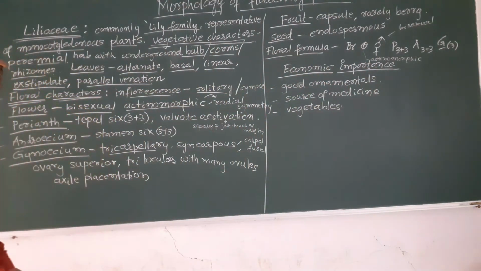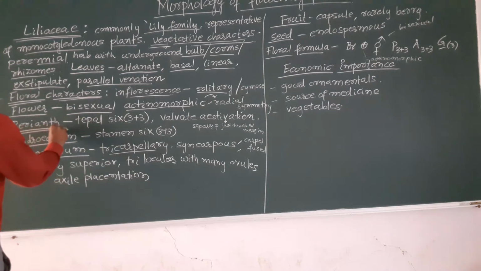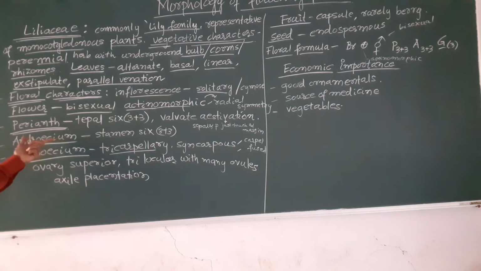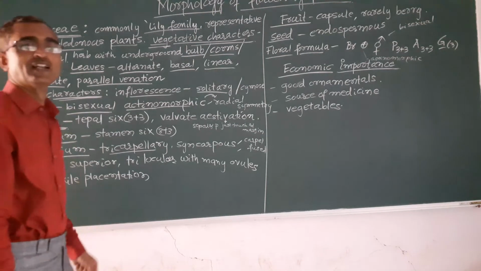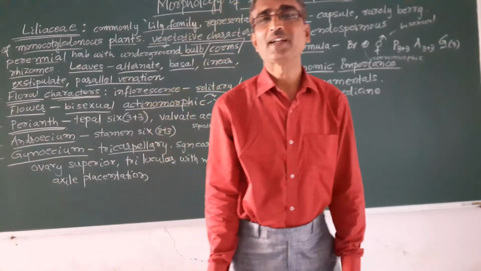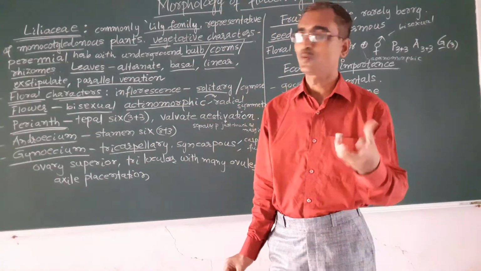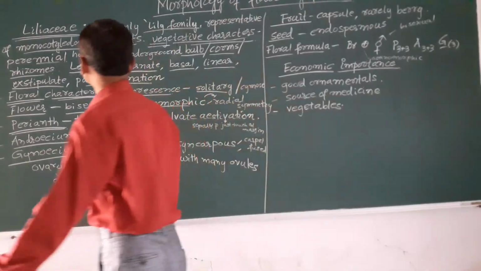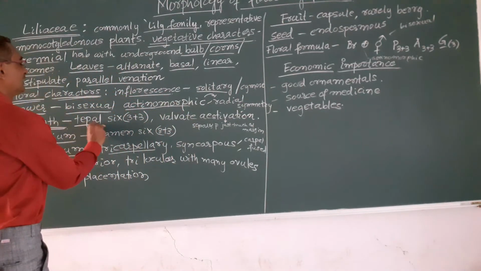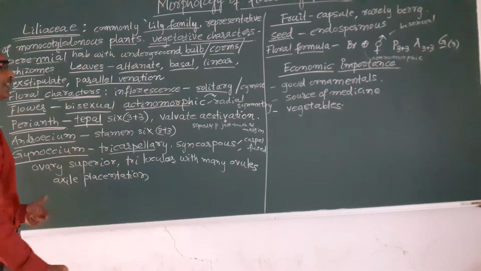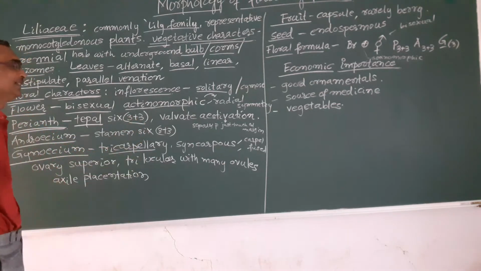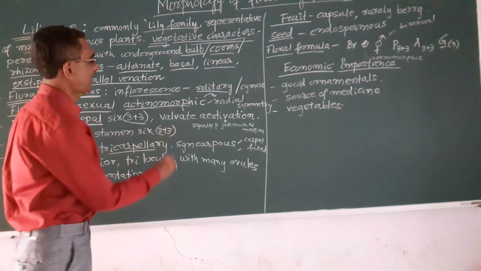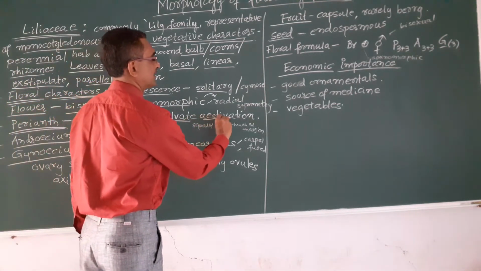The next one is perianth. Perianth is the outermost part of the flower. Here sepals and petals are not clearly distinct; they are fused with each other. They are known as tepals, and tepals are 6, that is 3 plus 3, and they have valvate aestivation.